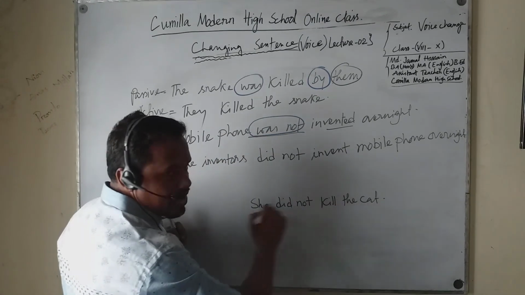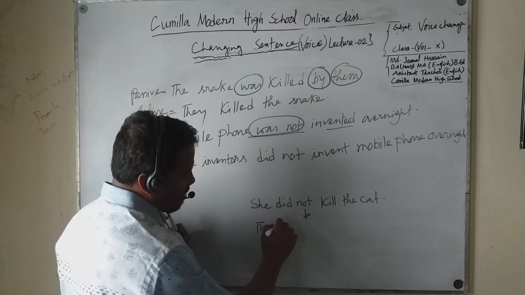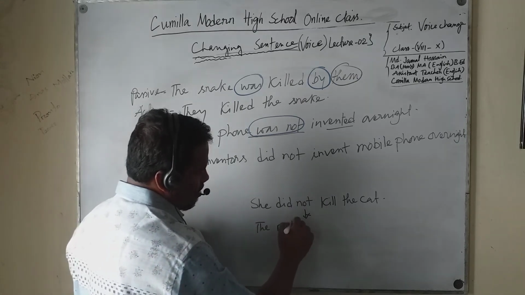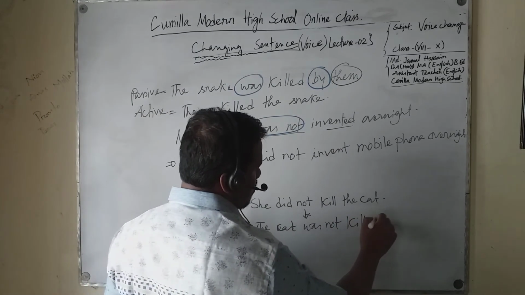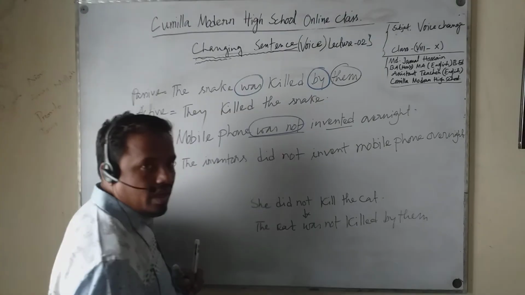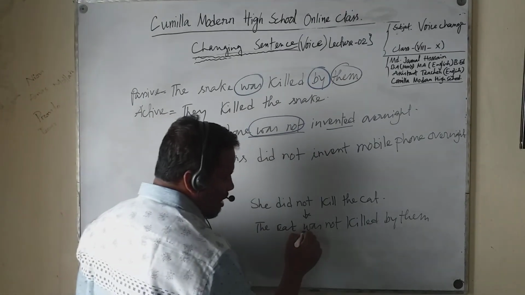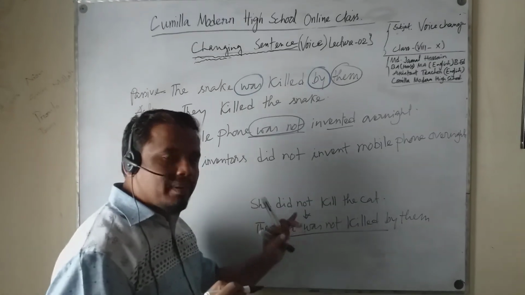Now transform it into passive. The cat was not killed by them. Okay, so this is the structure of passive voice of simple past tense.